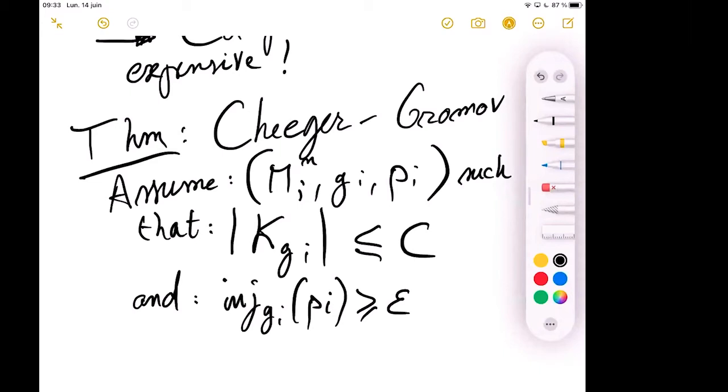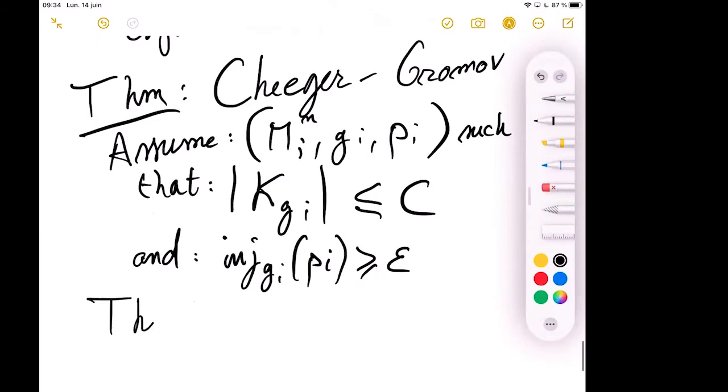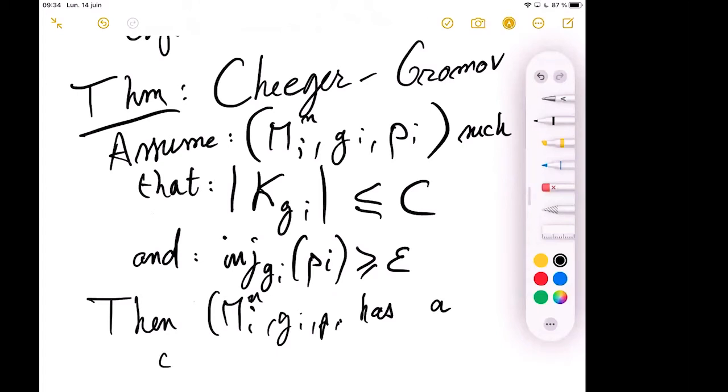Then (M_i, g_i, p_i) has a converging subsequence.